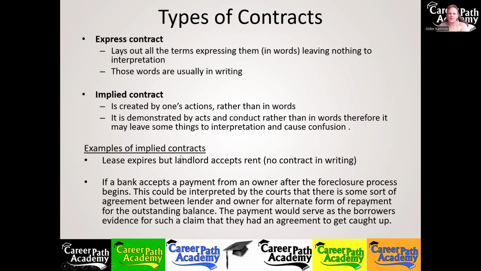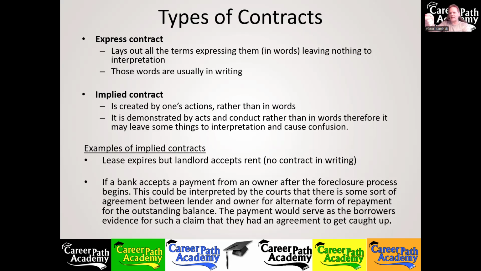Some examples of an implied contract would be a lease that expired, but then the landlord still accepts the rental payment from the tenant. So therefore, now they would have no contract in writing, but the actions of the landlord accepting the payment from the tenant creates an implied contract that they're okay with the tenant remaining there, even though they no longer have a contract in writing, right?